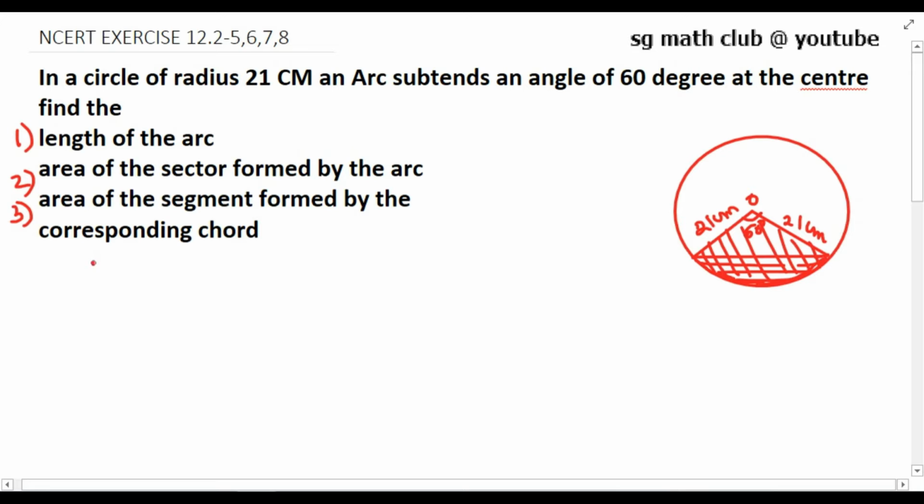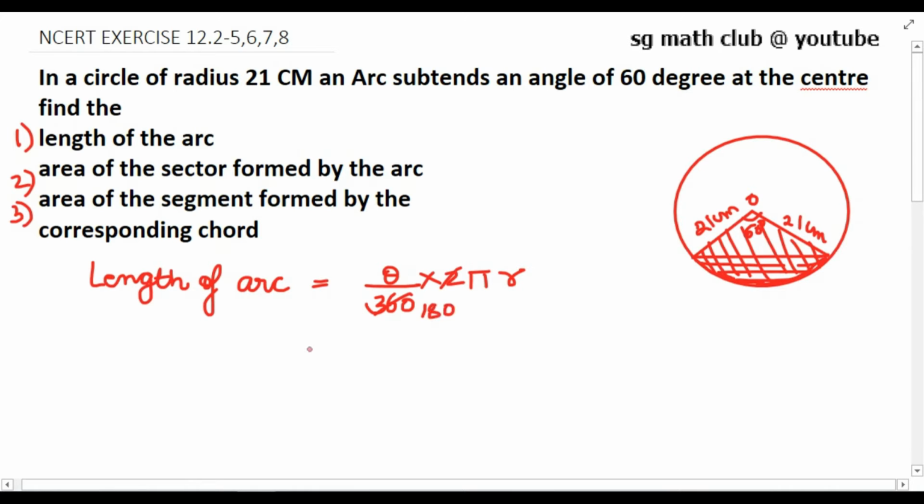We know that the length of the arc is given by the formula: length of the arc is equal to theta divided by 360 into 2 pi r. Here we can cancel 2 and 360, which gives 180. So theta by 180 into pi, which is 22 by 7, and the radius is 21 centimeter and theta is 60 degree.